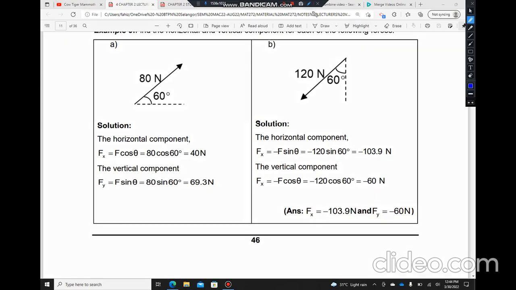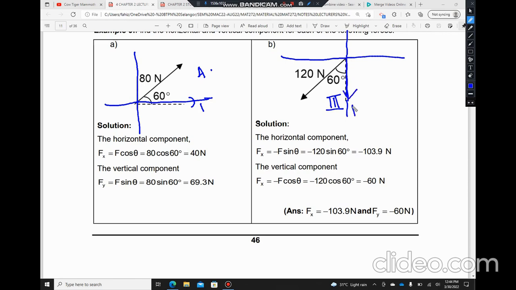So why negatif? Okay, since kita consider pada koordinat, dia akan jadi macam ni. So kat sini Fx is cos positif, sin positif, all positif. And then kalau kat sini bila saya buat koordinat system, dia berada pada third quadrant. So kalau third quadrant awak dah nampak kat sini, Fy dia ke bawah. So that's why dia negatif.